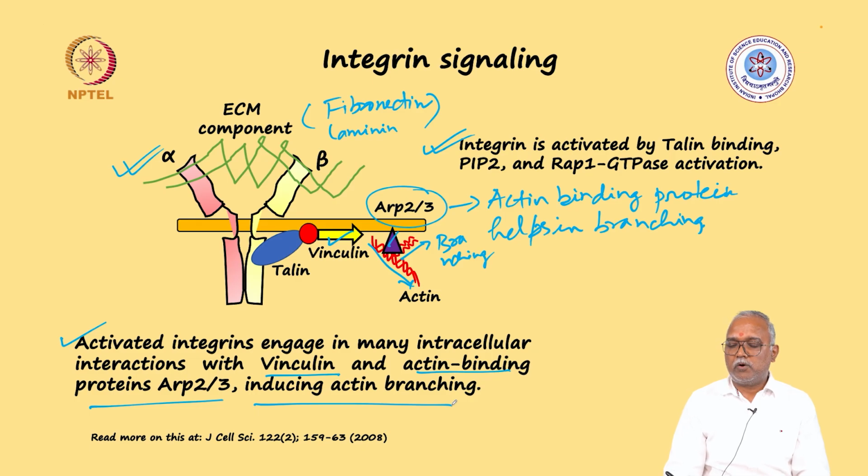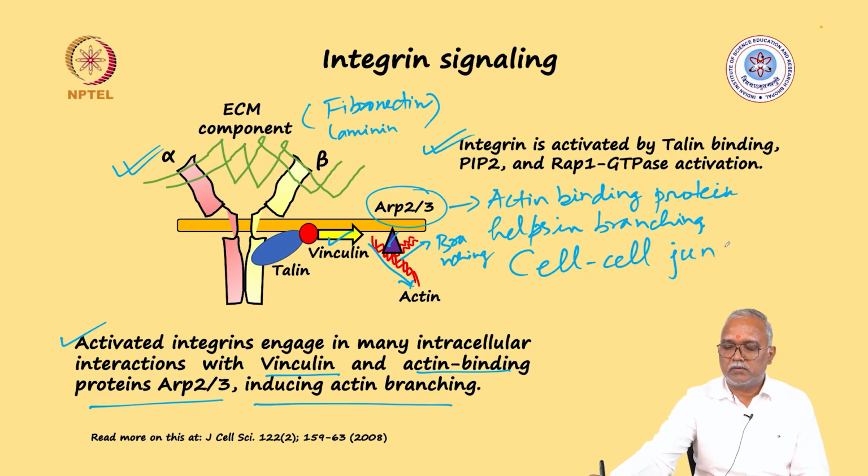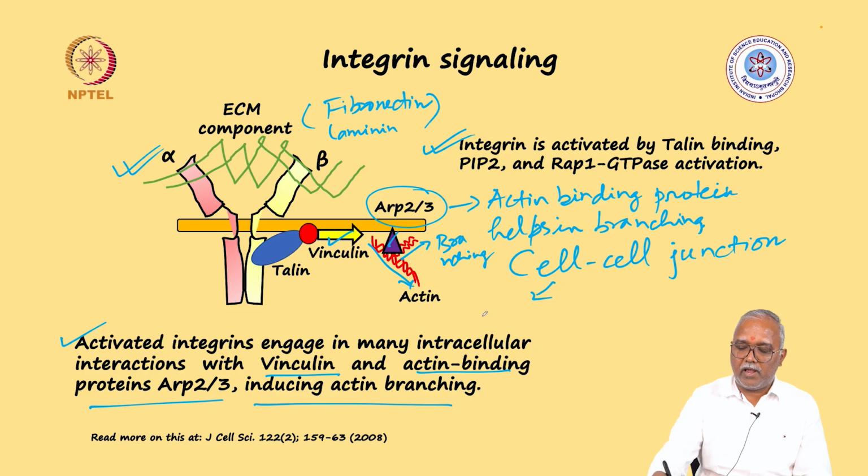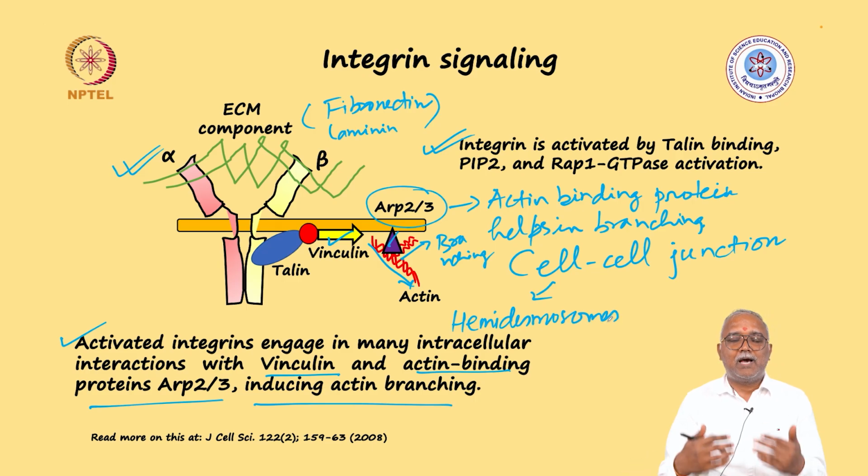If you have read where integrins will be found and what extracellular matrix they will be responding to, in the previous class we discussed cell-cell junctions. One of the cell junctions is called hemidesmosomes, where one side is the cell and the other side is the extracellular matrix.